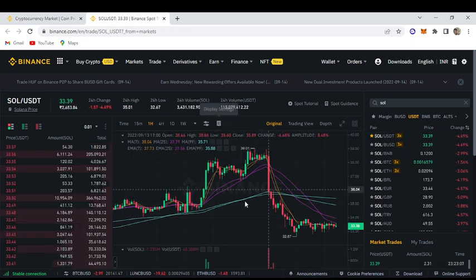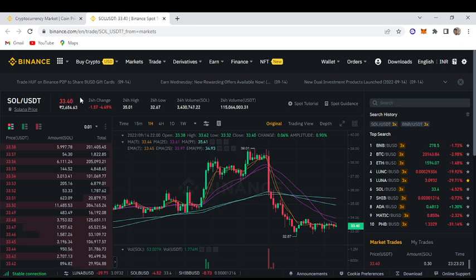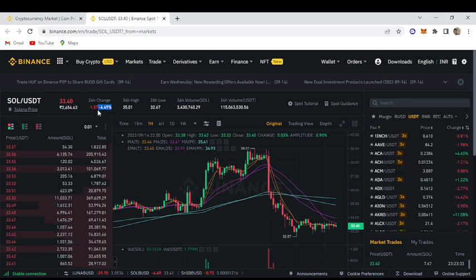Basically, Solana is a very good project for long term, and it is currently sitting on $33.39 after being around $40. If I'm not wrong, it was around $38 just yesterday. So it dropped, and in the 24 hours you can see the percentage change.